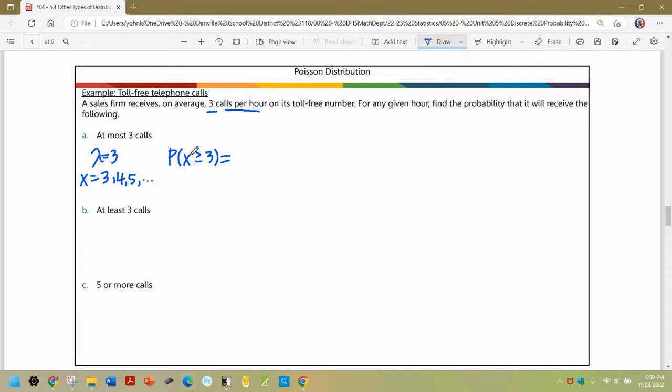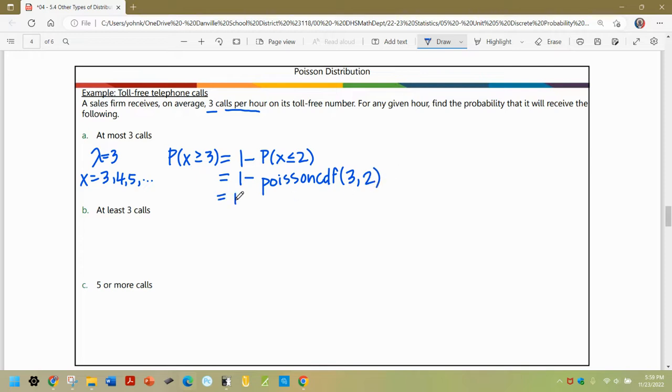Instead of doing x is greater than or equal to 3, I'm going to do 1 minus the probability that x is less than or equal to 2. So this is going to be 1 minus the Poisson CDF of 3 for lambda and 2 for x.